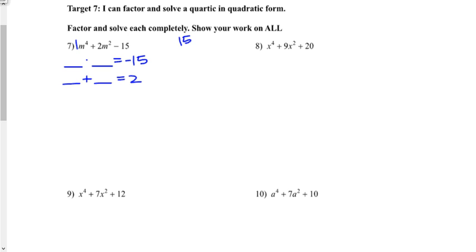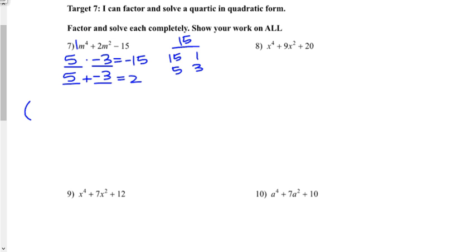So I'm going to look at the factors of 15. 15 and 1, 5 and 3. The only thing logical that's going to work here is 5 and 3. I'm trying to get a positive 2 and a negative 15 when I multiply. So one of these has to be negative. And for it to make sense with the addition, 5 plus a negative 3 will get me 2. So positive 5 and a negative 3.